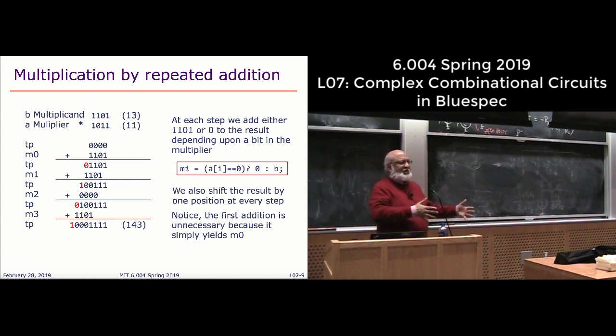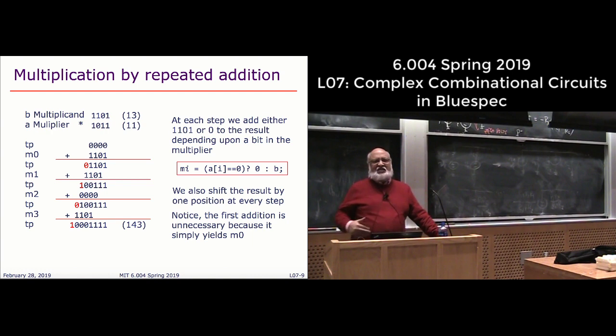All the computation keeps shifting, and after the nth step, I get all the bits that are there. Notice the first addition is unnecessary because the value is 0. You may want to express it in your own terms. I won't worry too much about it because the Bluespec compiler is sophisticated enough. When it will see all zeros, it will automatically turn the first level of circuit to nothing but wires, because there is nothing to be added over there.